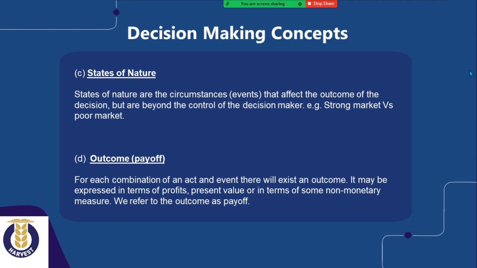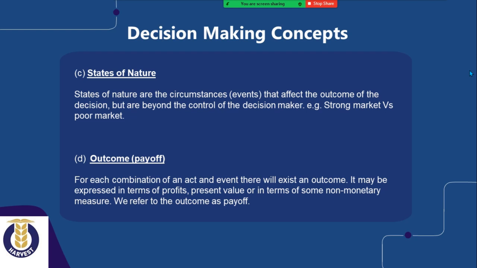Number 4, we have the outcome or payoff. And of course, you know that in life, every decision that we make is going to either be positive or negative. So that's the payoff. And here we are saying that for each combination of an act and event, there will exist an outcome.